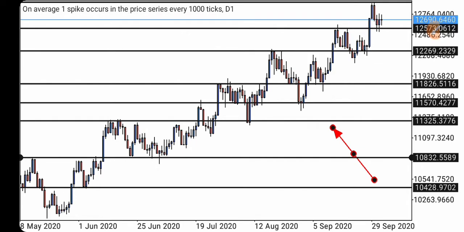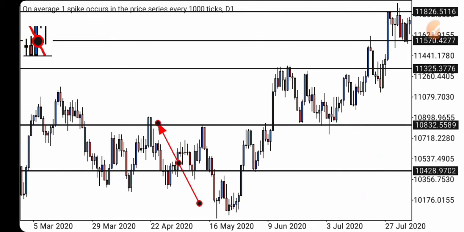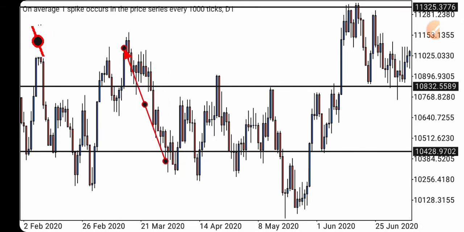So let me show you a minor level. For example, here, a place like this, you cannot place your zone. You cannot bring another zone here. You see, there's another market structure here. There's a market structure here. There's another here. If you go back here, you have a market structure here. Go back here, we have it here. So you can place a zone here. Let's check.